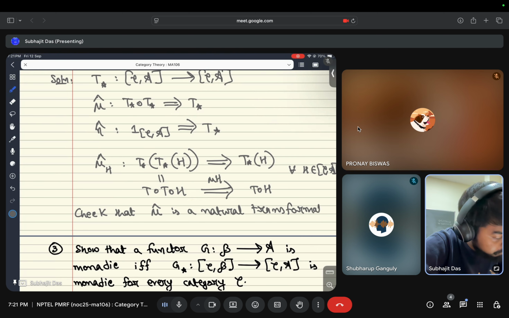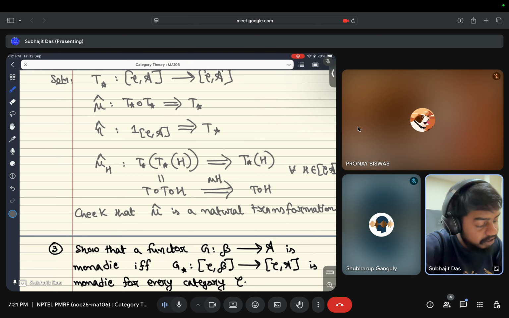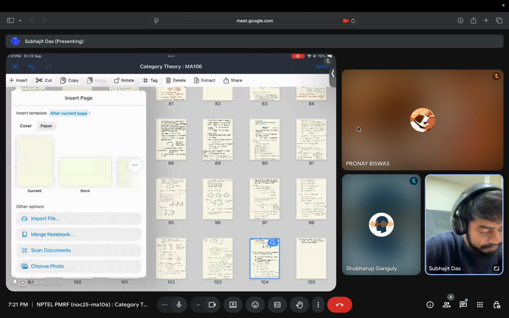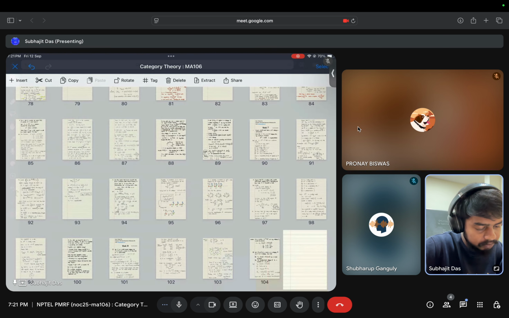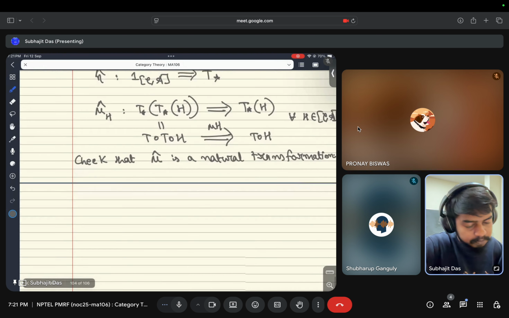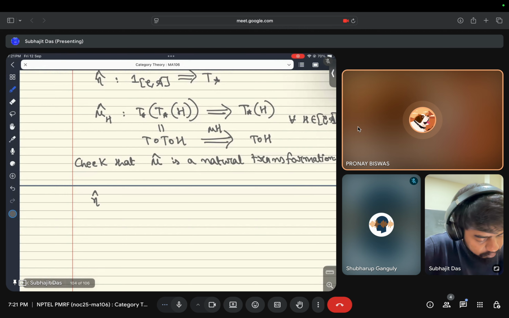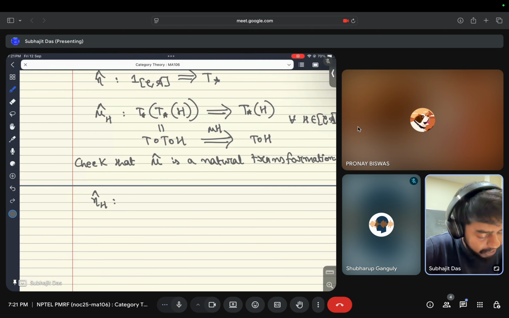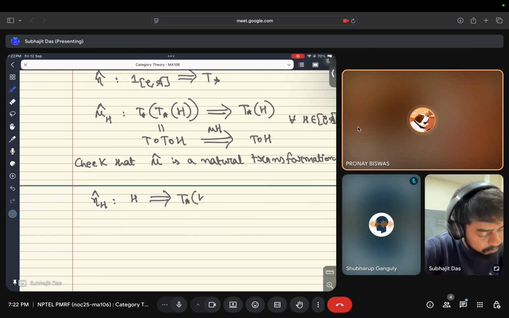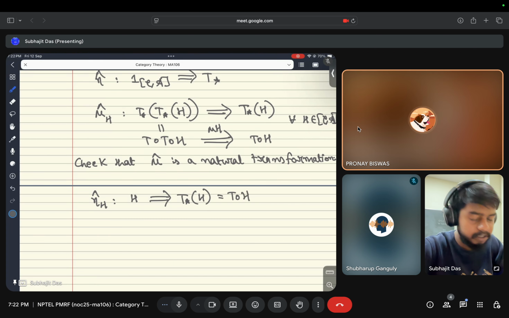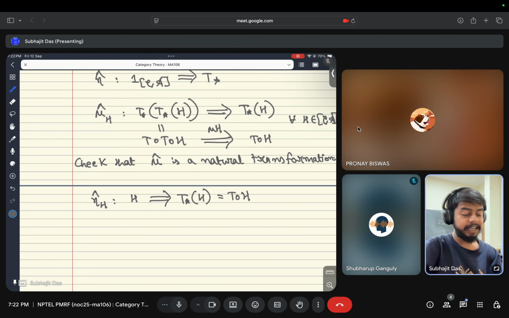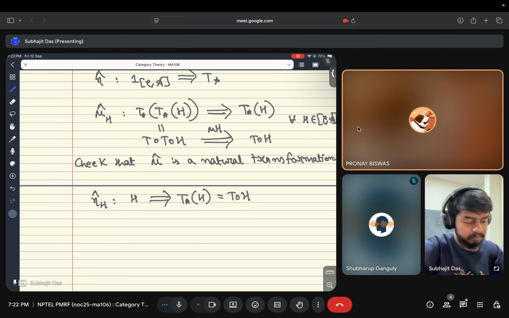So mu hat is a natural transformation. And how do we define eta hat? Okay, so eta hat at h should be from h to t star of h, which is t composed h. So what is eta hat h? Eta h.